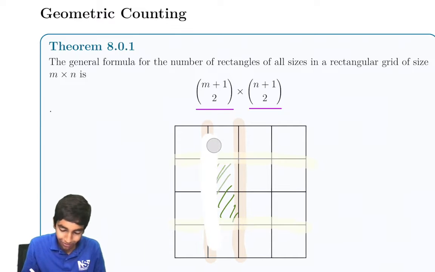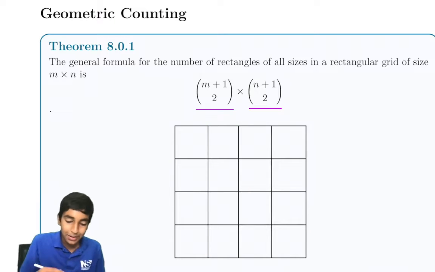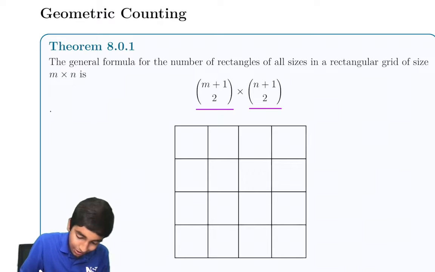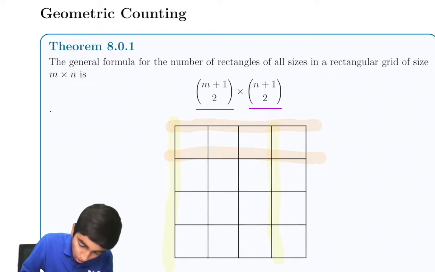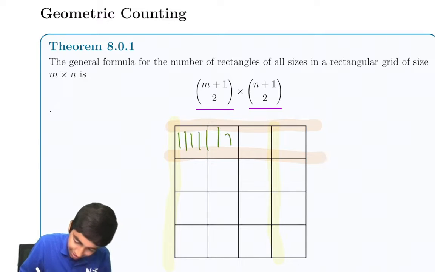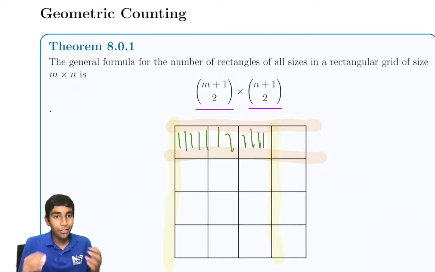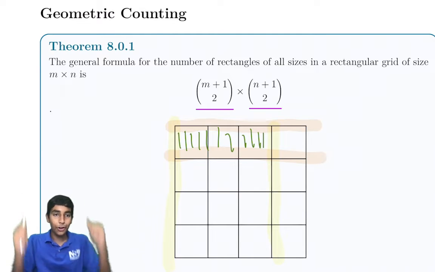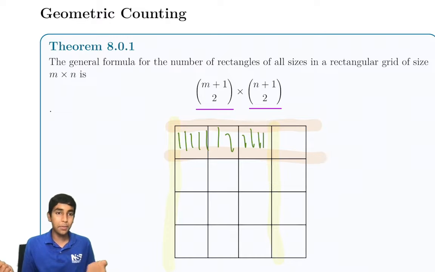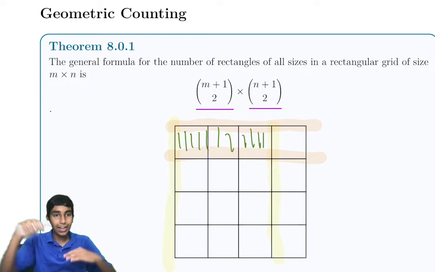And what's cool is that for any two vertical lines we pick, no matter what they are, and any two horizontal lines, they will always form a rectangle on the inside. So to count the number of rectangles, we just count the number of ways to pick two vertical lines and the number of ways to pick two horizontal lines.